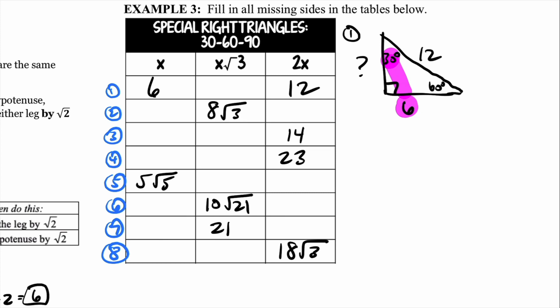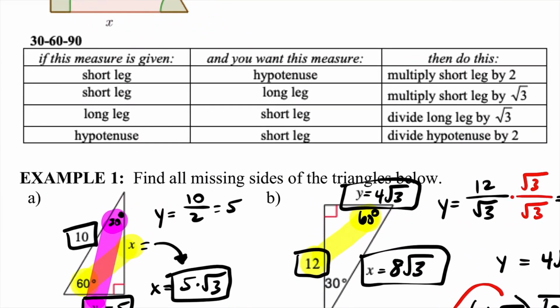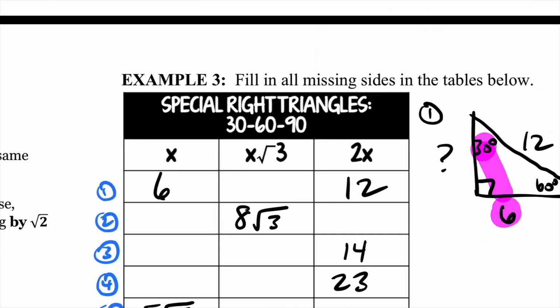Okay. Now we need to find the long leg. The front says, there's only one that says I want to find the long leg. Well, if I want the long leg, I got to multiply the short leg by what? Square root of 3. Okay.